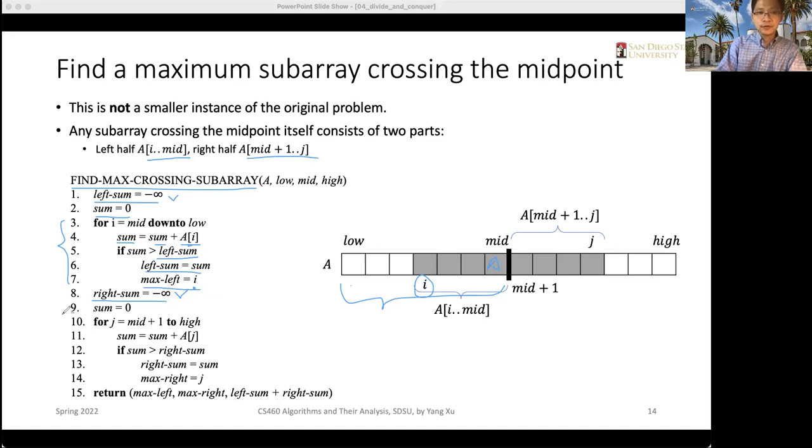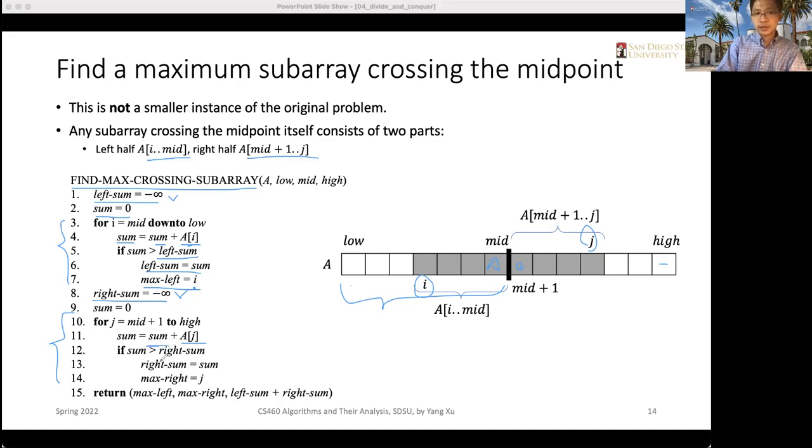And we do the same thing for the right. We let the index j start from mid plus 1 and iterate over all possible positions for j, from mid plus 1 to high, to the last point. We add each element that we scan in each iteration to the sum variable.